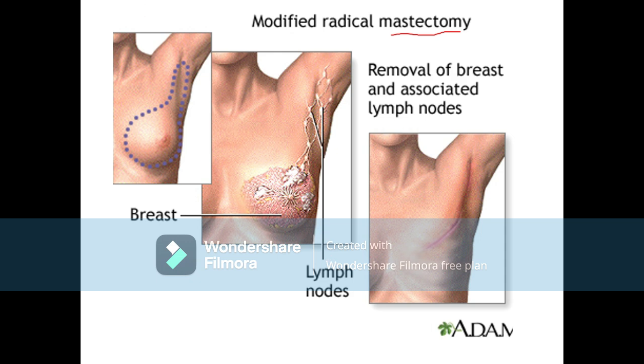So knowing this, if the pectoral and central groups are affected by cancer, during mastectomy these lymph nodes are also removed along with the breast tissue, preventing it from spreading from one point to another.